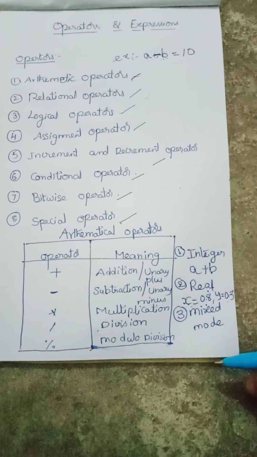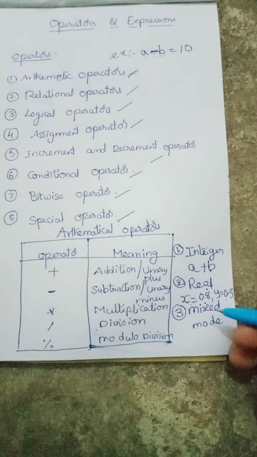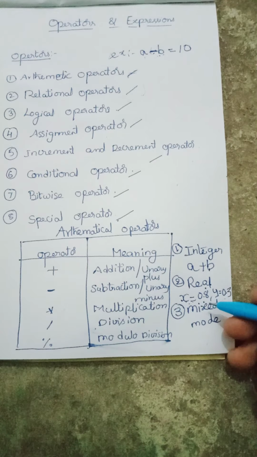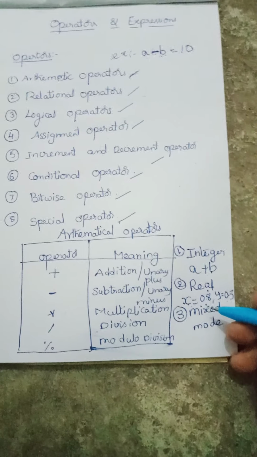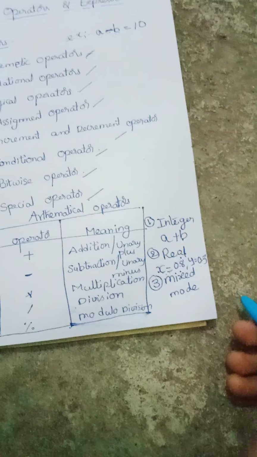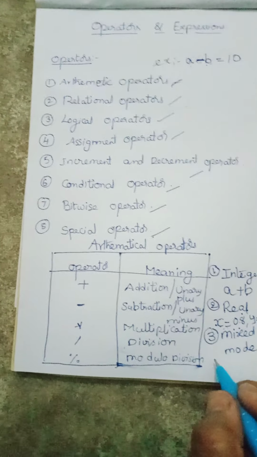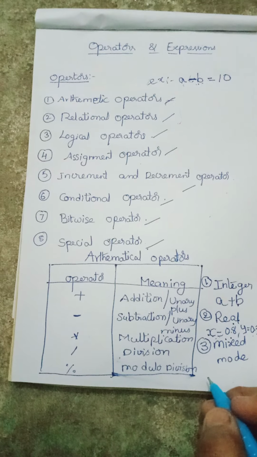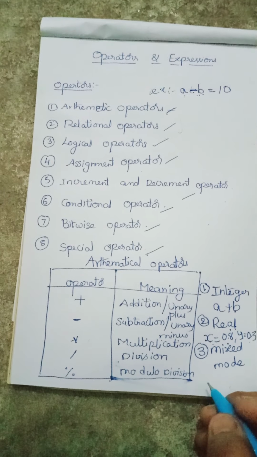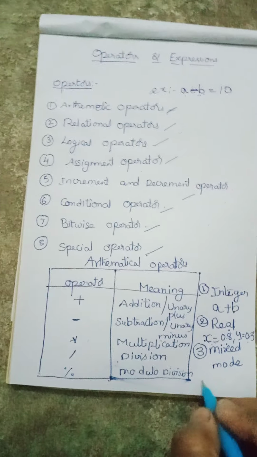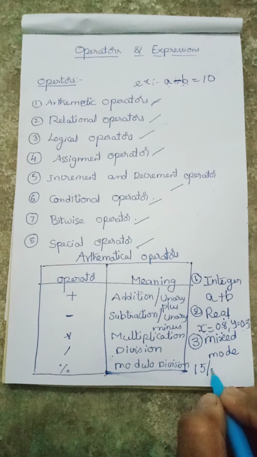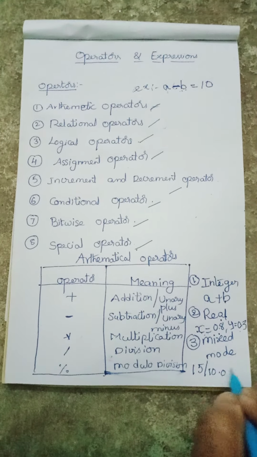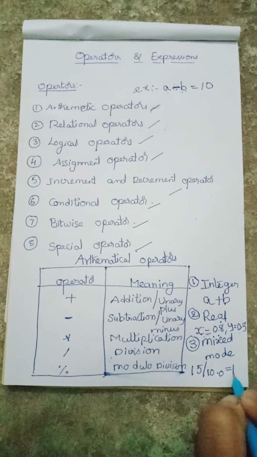Next, mixed mode arithmetic. When one of the operands is real and the other is an integer, the expression is called mixed mode arithmetic expression. See here, for example, 15 divided by 10.0 equal to 1.5.